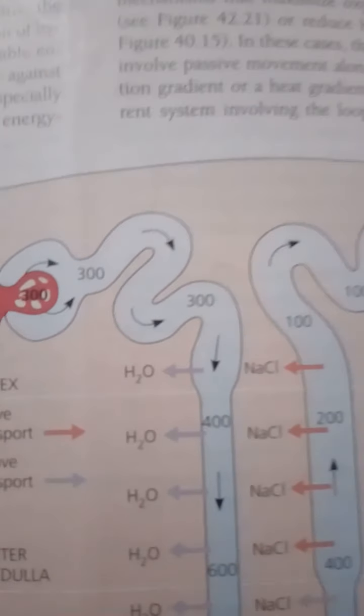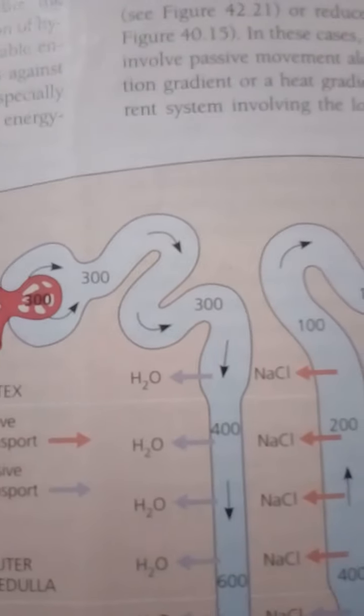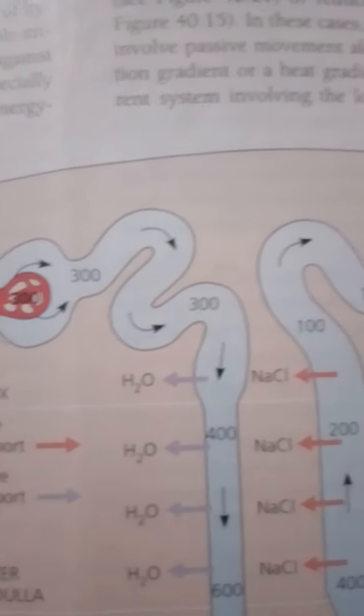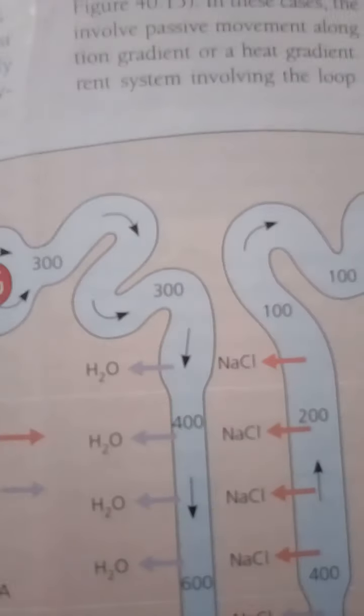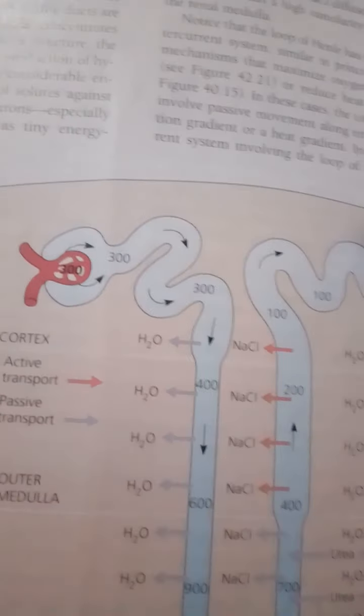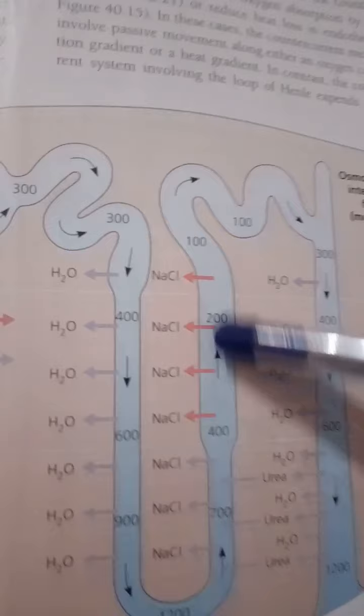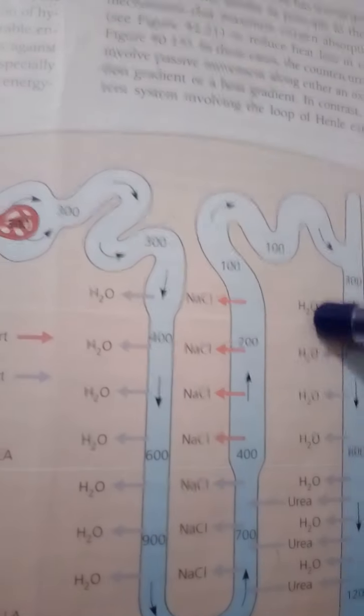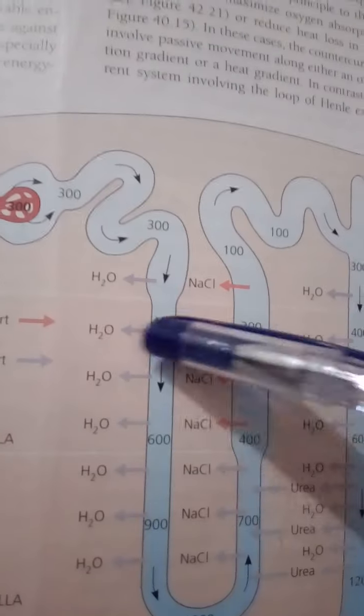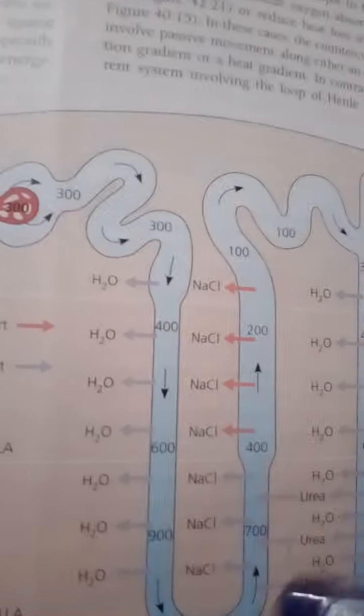As the filtrate flows from cortex to medulla in the descending limb of the loop of Henle, water leaves the tubule by osmosis. The osmolarity of the filtrate increases as solutes, including NaCl, become more concentrated.